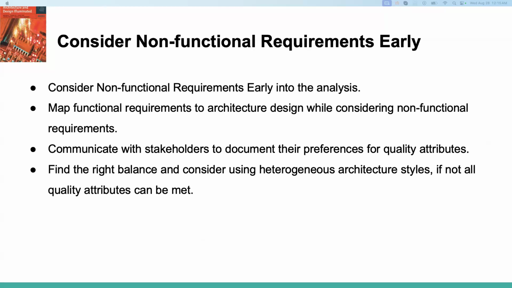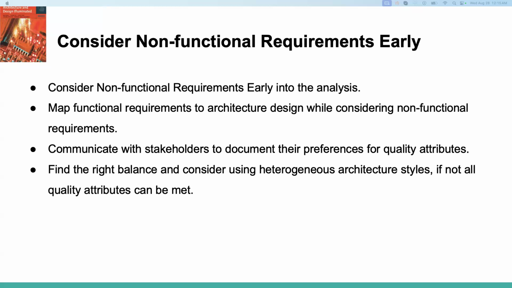Non-functional requirements might not grab headlines, but they're just as crucial as functional ones. It's important to consider them early on in the analysis phase. By doing so, we ensure our design meets all needs, not just the ones that are visible on the surface. As you map functional requirements to the architecture design, keep non-functional requirements in mind.